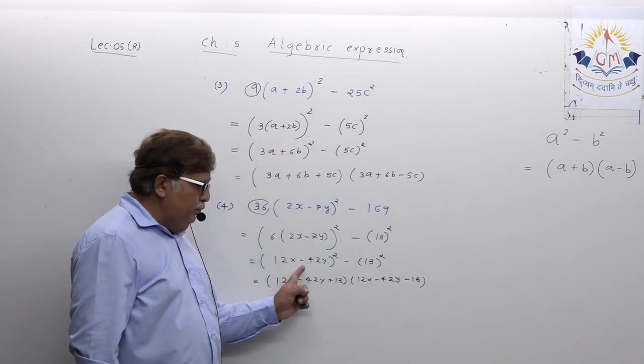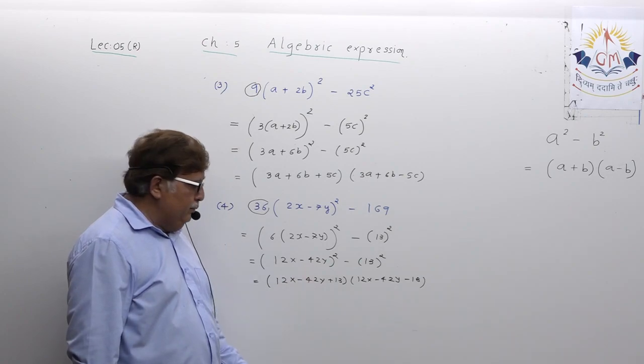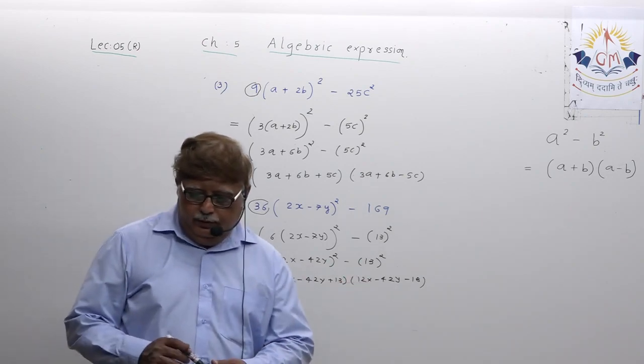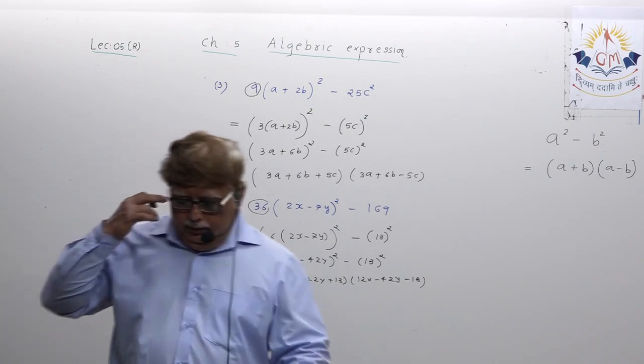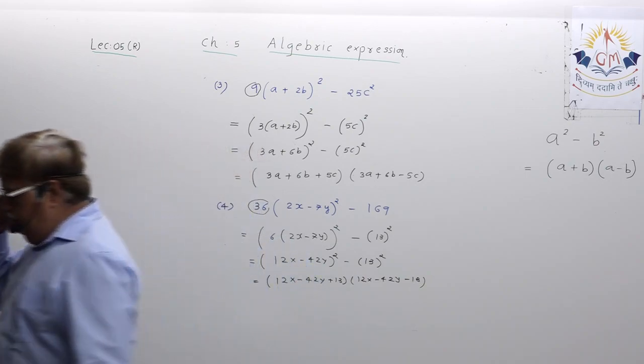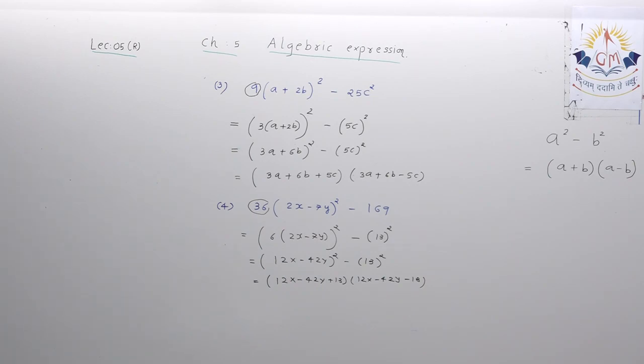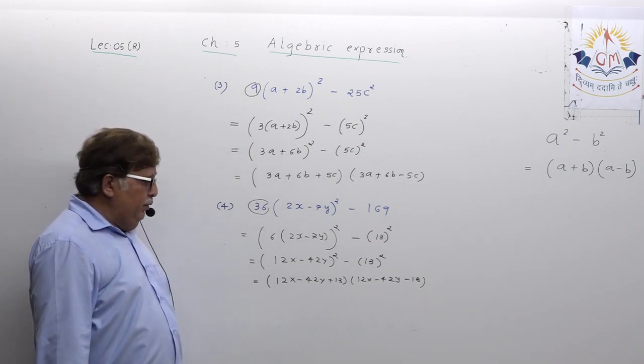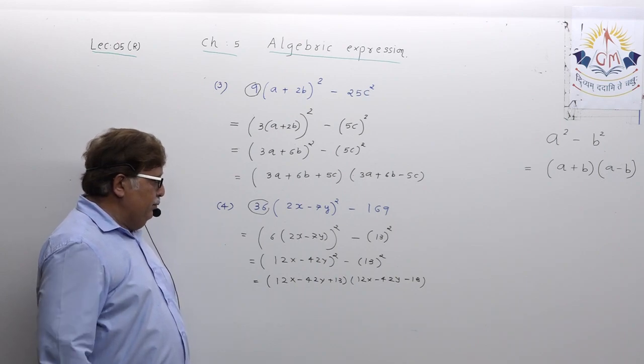This is for us A and this is B. Please verify with the example you might have solved. Understand? In your book. Just tally with your book and try to assess if any mistake done by you.